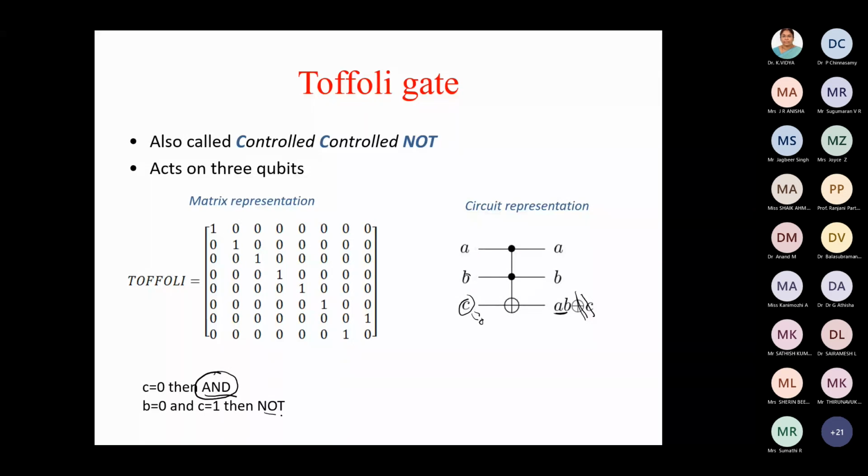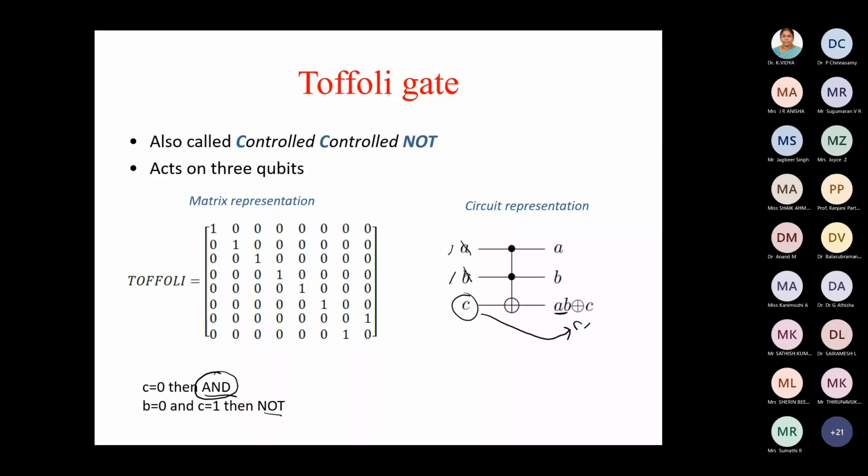If I want to use it as a NOT gate, then I need to supply A and B as 1, 1. So what will I get here? If I put A and B as 1, 1, then I will get C dash here. So in that case, you can use this Toffoli as a NOT gate.